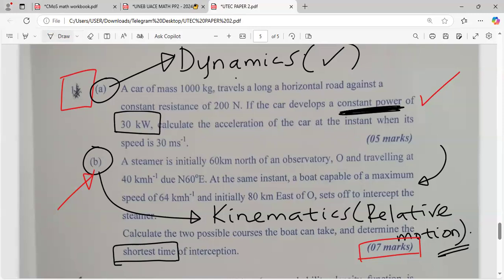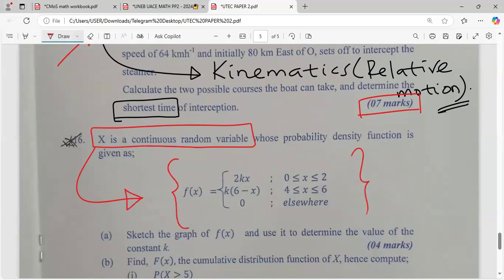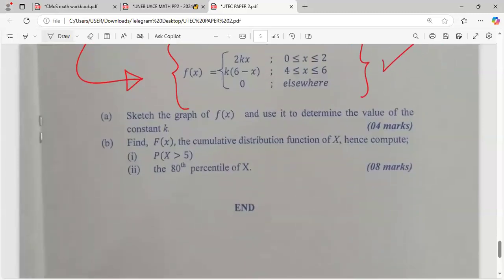So the assignment I'm giving you is to go to those other papers. Now these are things we have been doing, random variable. So I expect someone to surprise me with answers to this. You go for this number that you take paper, I've shared it. You do the whole of that.